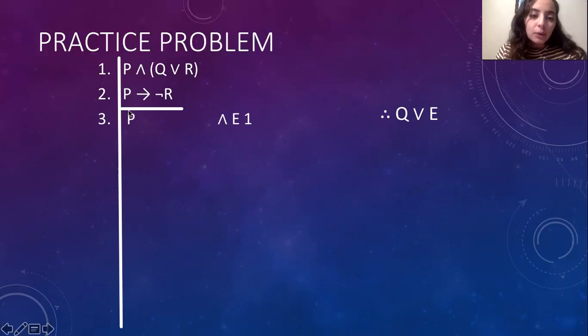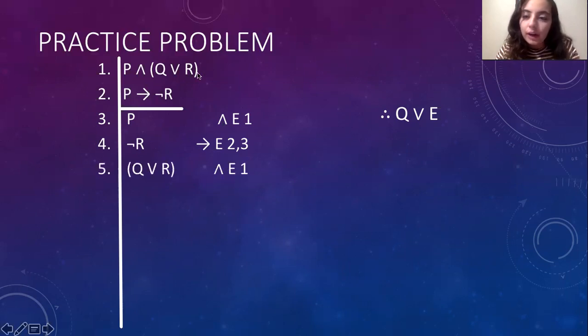And from P, I'm also able to get, using conditional elimination, not R out too. So that was great. Using lines 2 and 4, conditional elimination. I can also get Q and R out from the conjunction elimination from line 1.